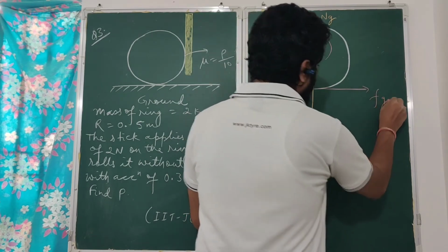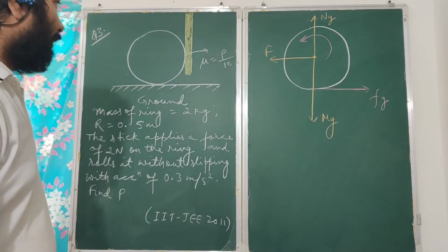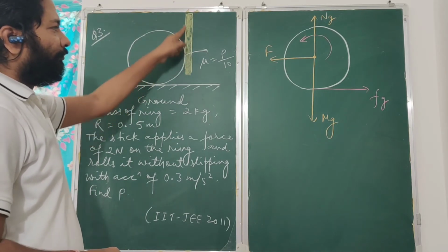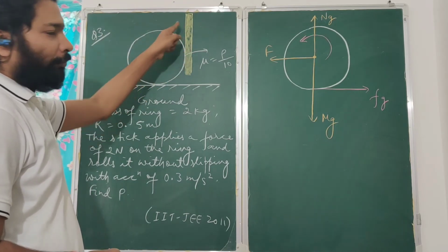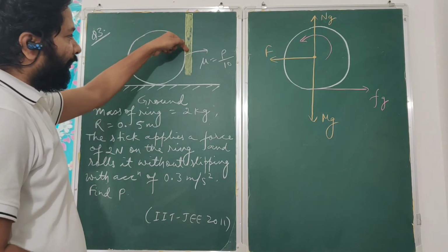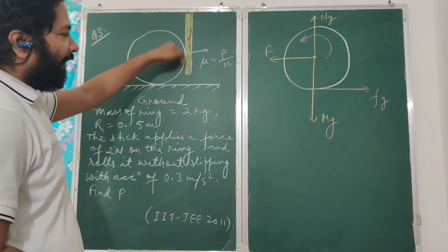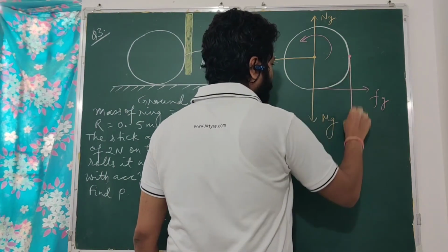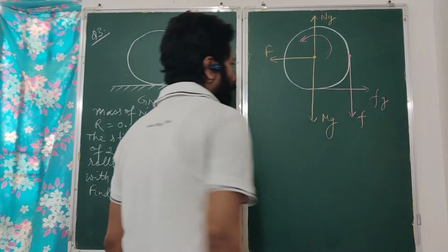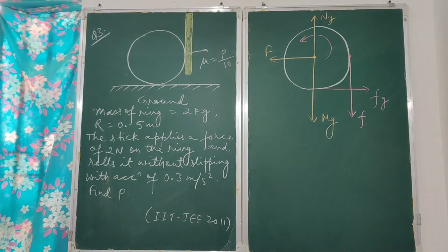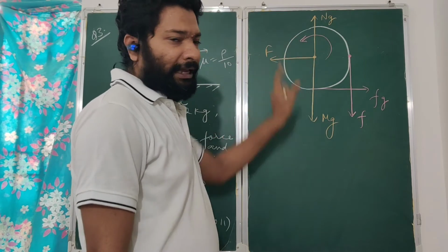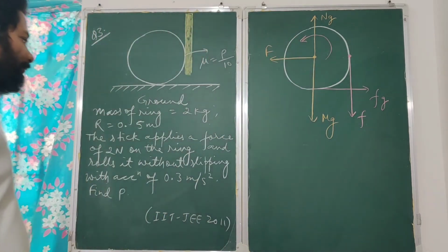Frictional force from the ground will act in this direction, and here the tendency of this point of contact is to move relative to this stick in upward direction. So that means the friction force will act in downward direction. So here the frictional force will act here, and let us say that frictional force is F. So you can see these are all the forces which are acting on the ring.